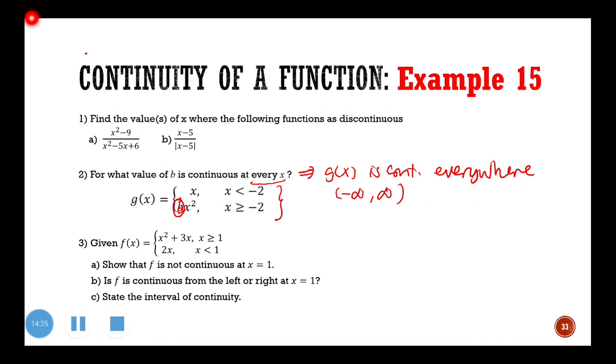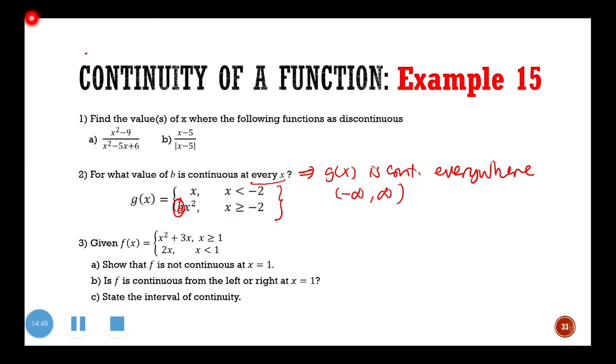If b is not equal to a particular value that we want to find, then x equals negative 2 becomes a point of discontinuity. So what is the suitable value of b that will make the function continuous everywhere, including at x equals negative 2? Let's find out.